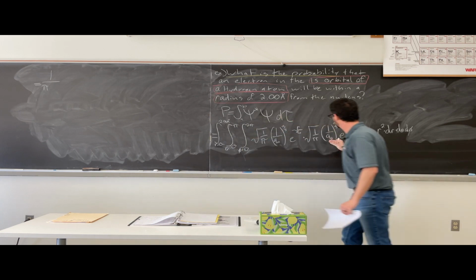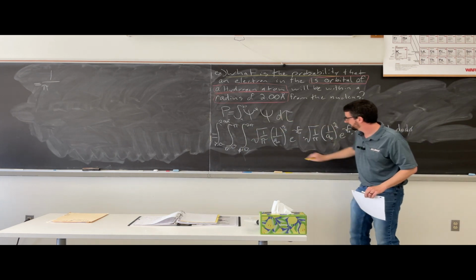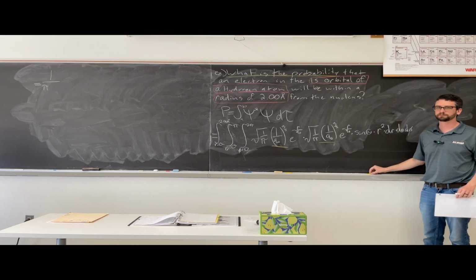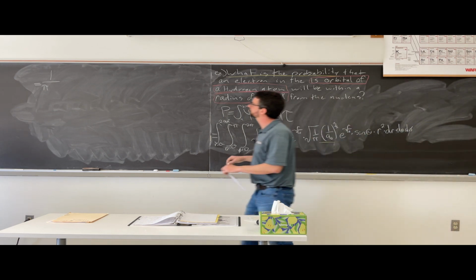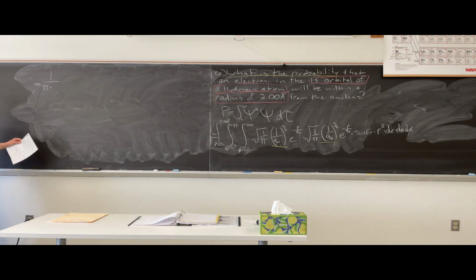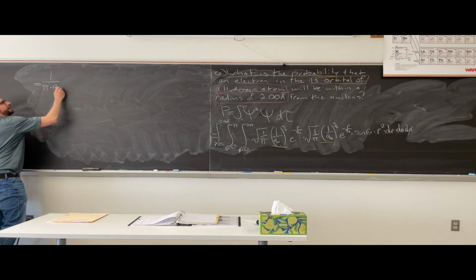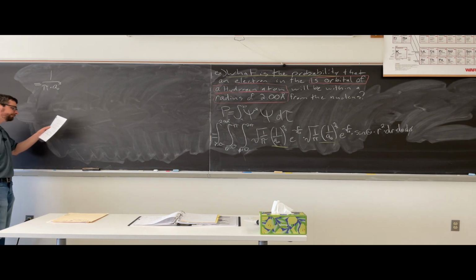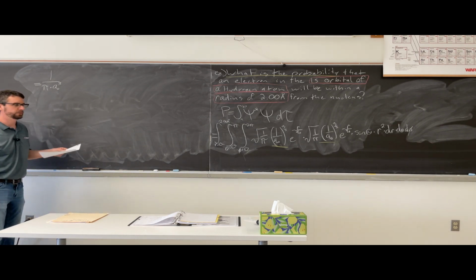This times this. What are we going to get out? Oh, those exponentials, it's been a while. A naught to the power of what? Yep, a naught to the power of 3. Okay. And then what else can we do?